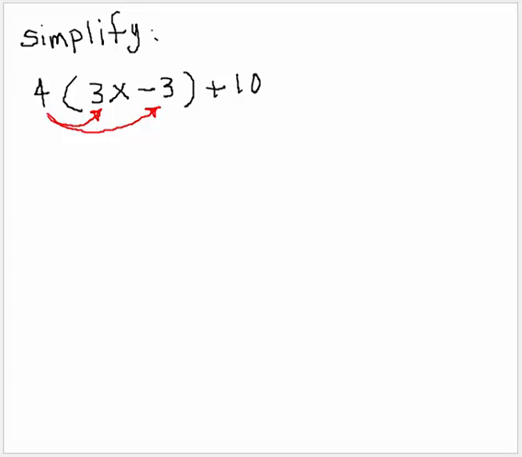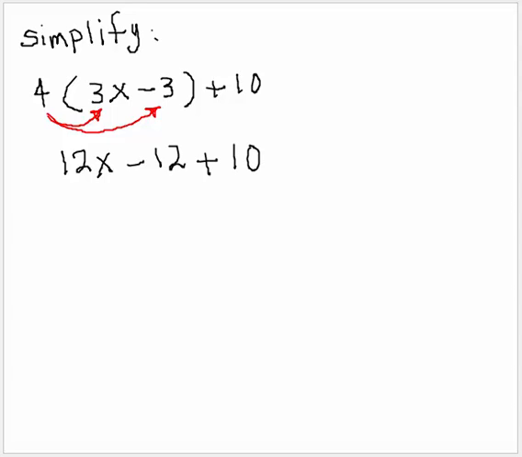If you were going to simplify this, then we would distribute the 4, and then you would get 12x minus 12 plus 10.